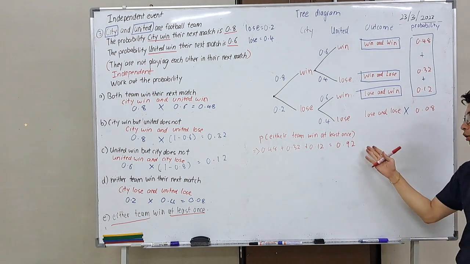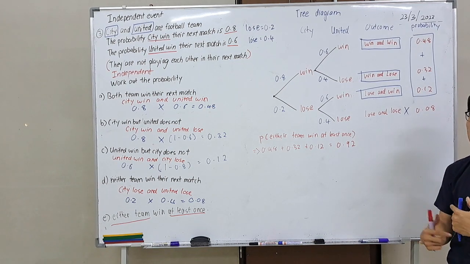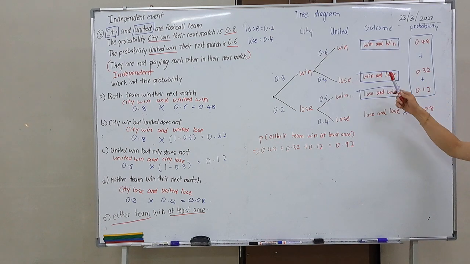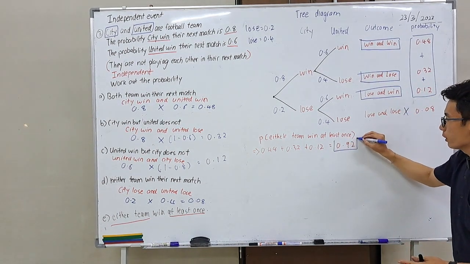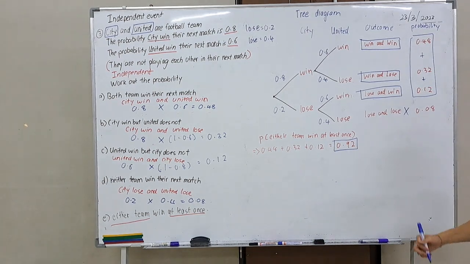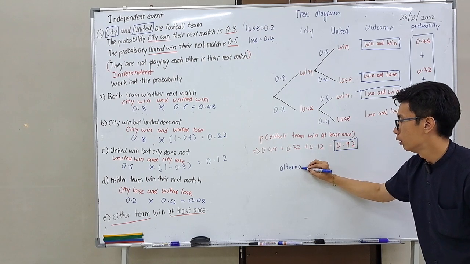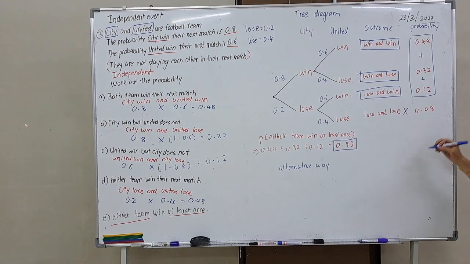Now, this is not the only way you can do it. You can also do it in a shortcut way, which is faster. We are interested in finding this probability, so what is another way to find this answer? An alternative way is to take the maximum probability.